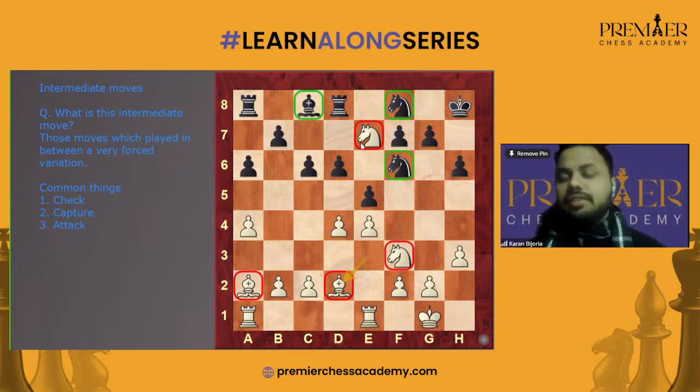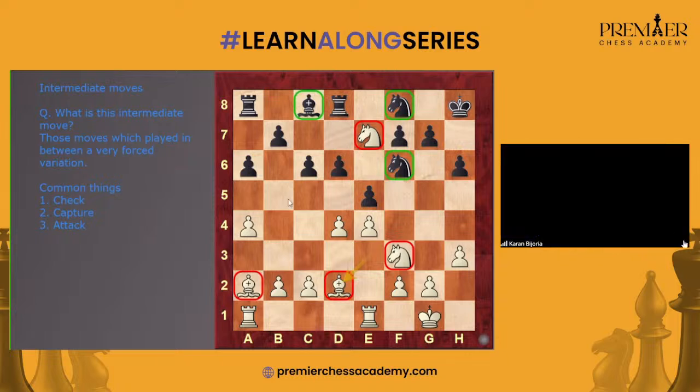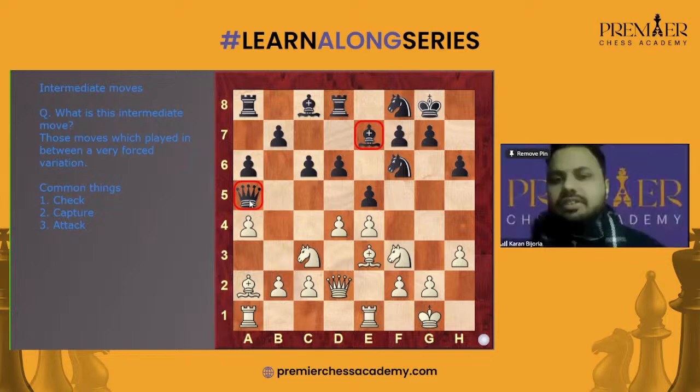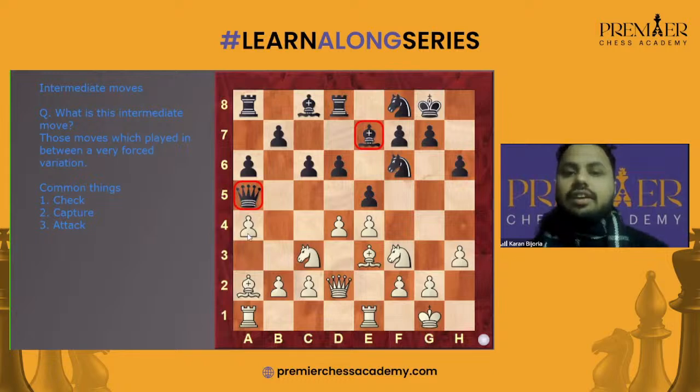Now black has to play very carefully in these kinds of positions because they already lost a piece, right? But we can easily see in these positions how white manages to attack these pieces. That is the reason always and always keep your pieces protected, especially those pieces that are very near to the enemy territory.